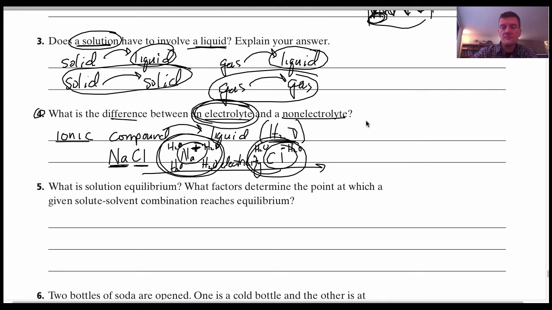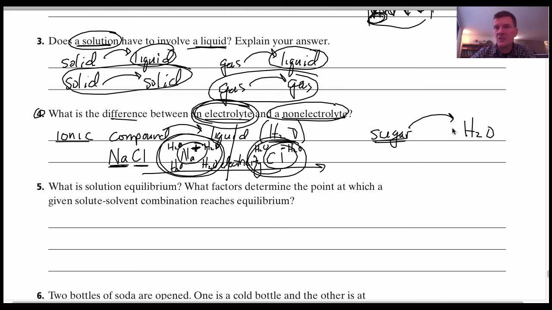A non-electrolyte would be maybe something like sugar dissolved in water. Sugar is not polar, it's not ionic, it is covalently bonded, sharing electrons. If you take sugar and dissolve it in water, you are not going to form ions. It's not going to break apart into ions like this did over here.